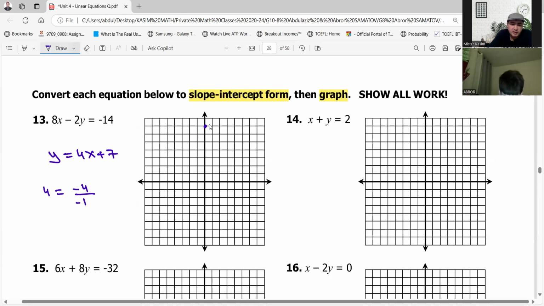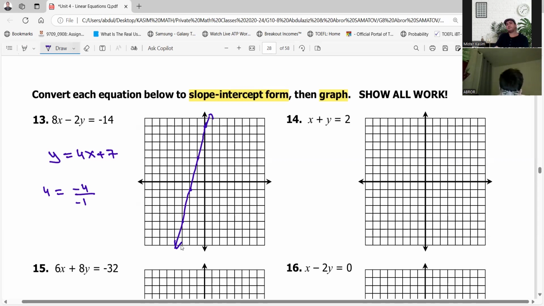So that is left 1, down 4: 1, 2, 3, 4, it is here. Again, left 1, down 4, it is here. Okay, these are the points. Now if I just draw this, we will have this kind of line. I connect this, this, and this. With a ruler, it will get clearer. What is a graph?